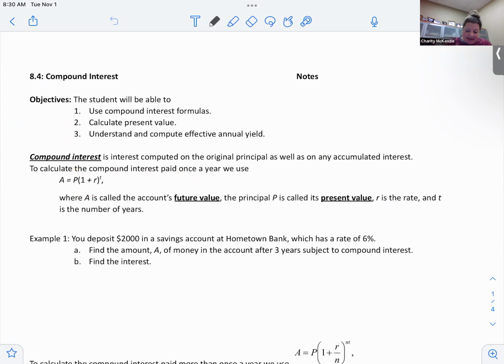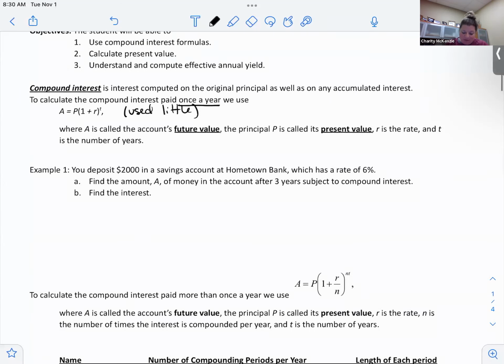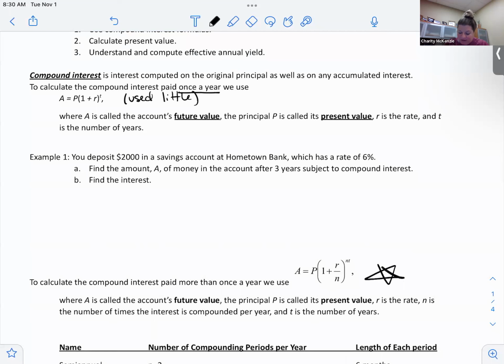So I want you to make a note that this is once a year, and this formula we don't use much. This formula down here is what I want you to put in your notes.